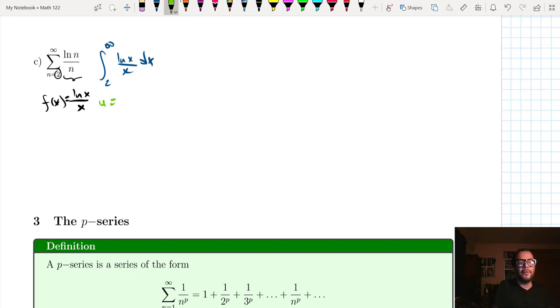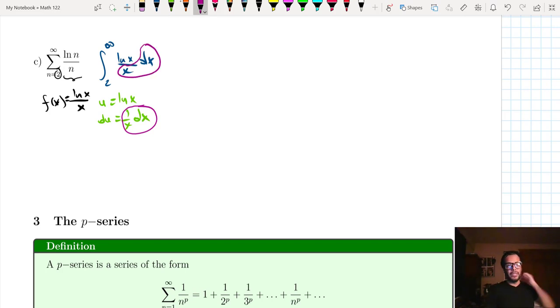U equals ln of x, and du equals 1 over x dx. Notice how this 1 over x dx is the same as this one right here, so that will serve as our du.